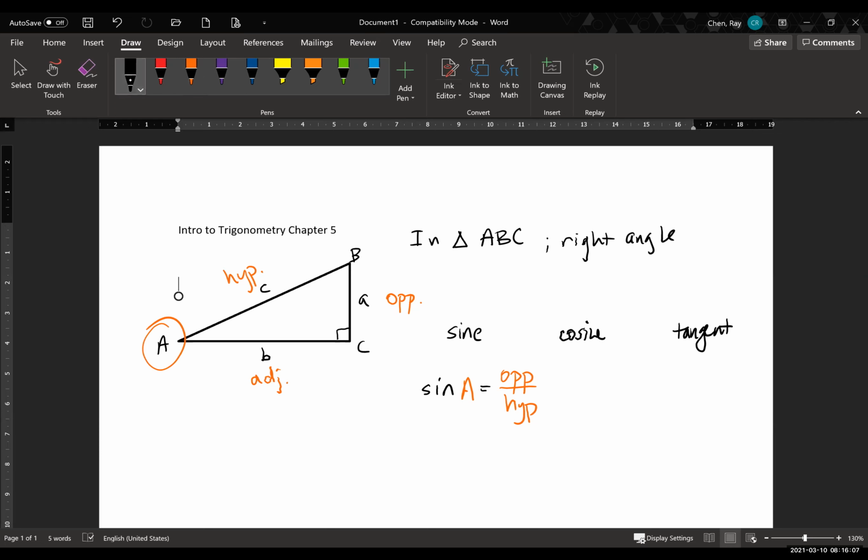Let me give you a specific example. Let's just say angle A was 30 degrees, and this was side 1, and this was side 2. And just to tell you this really quickly, if I were to ask you what is the sine of 30 degrees, without using a calculator, a lot of you would say, from this diagram, it is the opposite side, so that is the 1, over the hypotenuse, that is the 2.